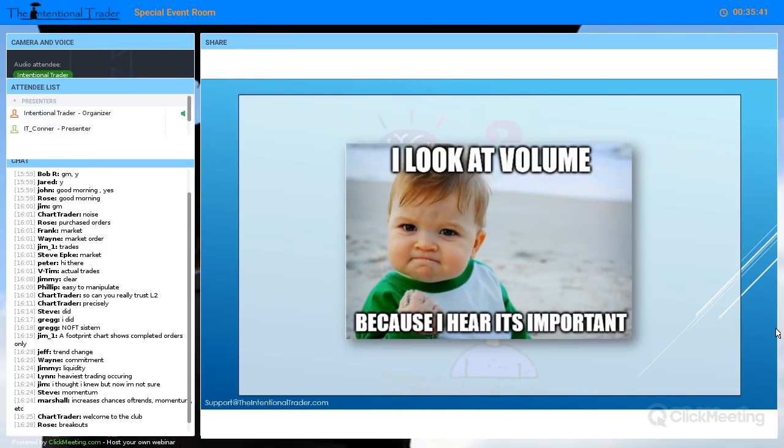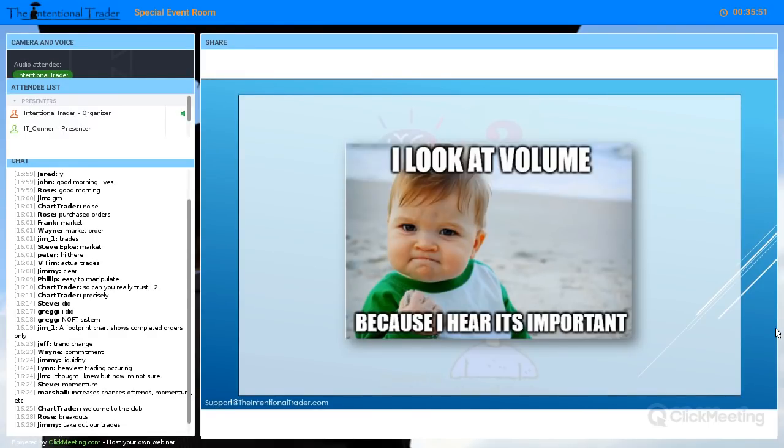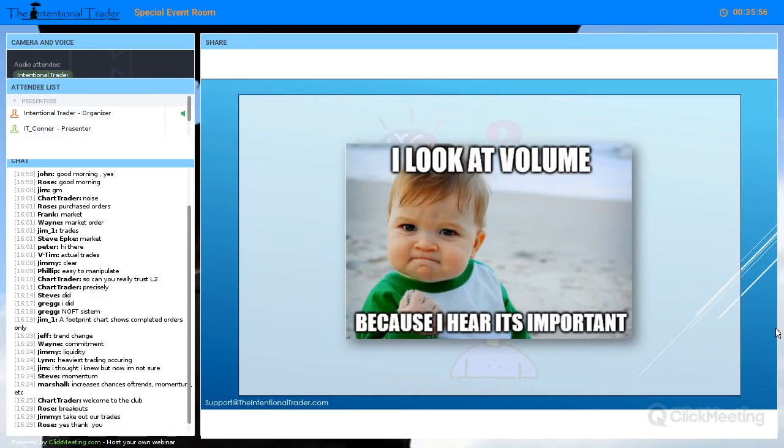I've explained that before, and if you need more clarification, Rose, I could show you, or maybe tell you later, how they create breakouts so they can trap us and take us out very quickly.